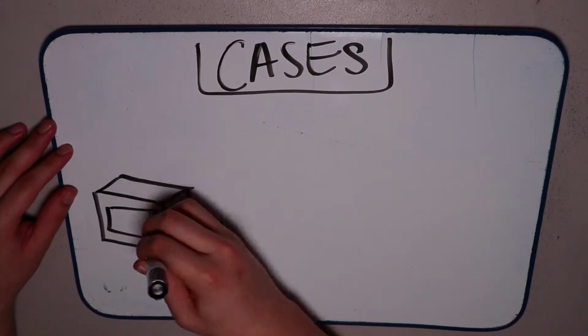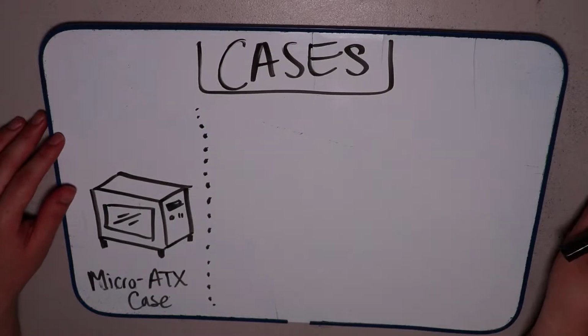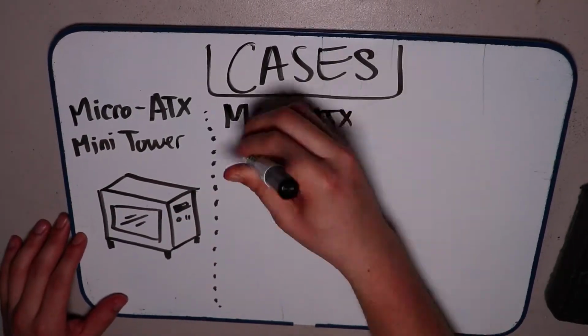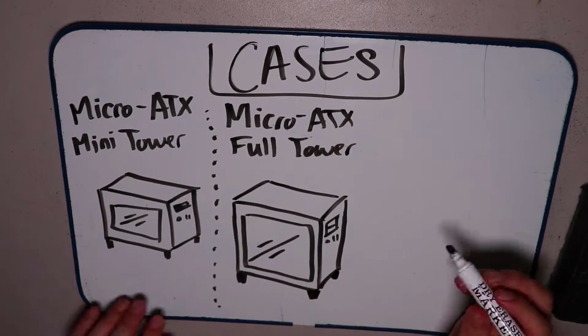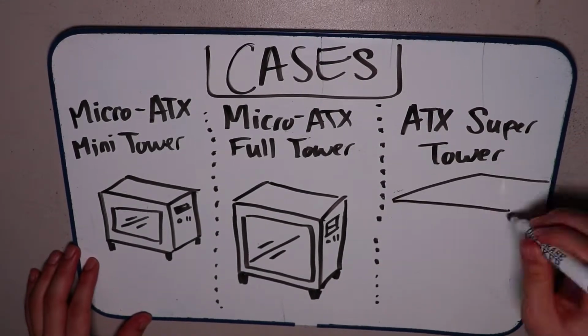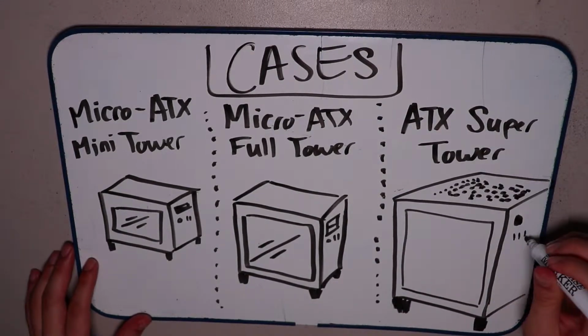For example, there are Micro ATX Mini Tower, Micro ATX Full Tower, ATX Super Tower, and so on, with slightly different but easy to understand names. And that is it for part 1 on how to build a PC.